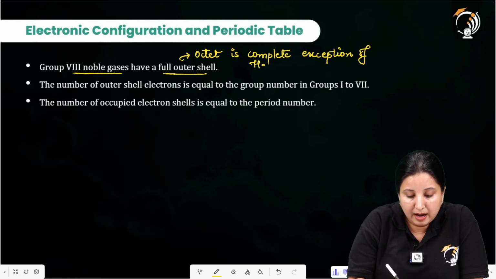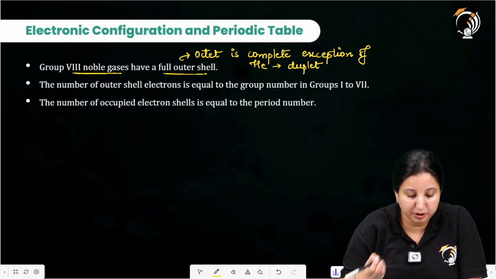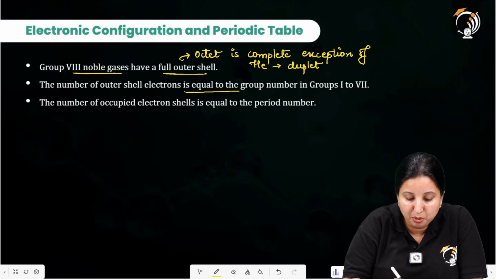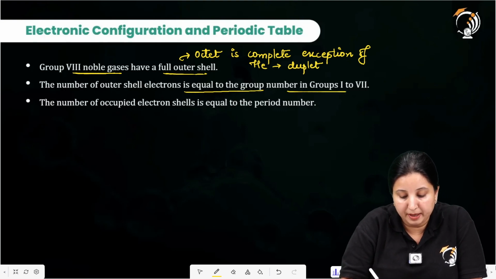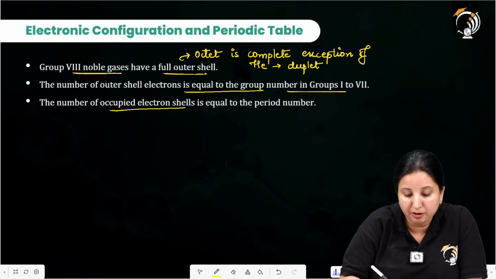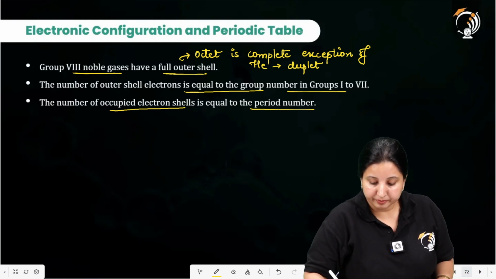In the helium case, we consider the duplet. Why? Because its atomic number is 2, so it cannot have more than 2 electrons. Then the number of outer shell electrons is equal to the group number, that is group 1 to 7, and the number of occupied electron shells is equal to the period number.